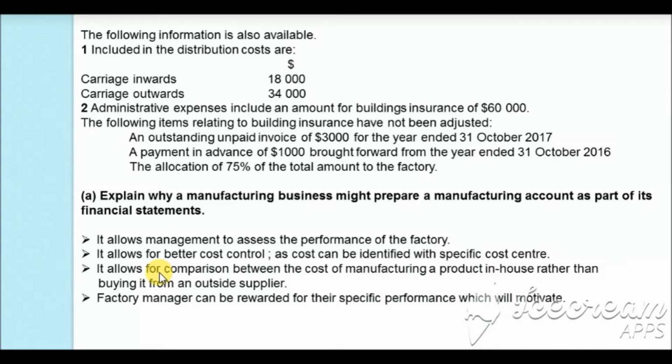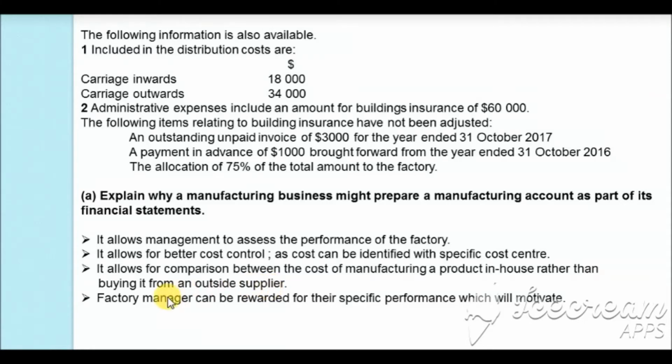And moreover, a manufacturing account also helps the management in make or buy decisions. That is, it helps them to understand whether they should buy the product from the outside market or make it in-house. Why? Because it allows for a comparison between the cost of manufacturing a product in-house and buying it from an outside supplier.